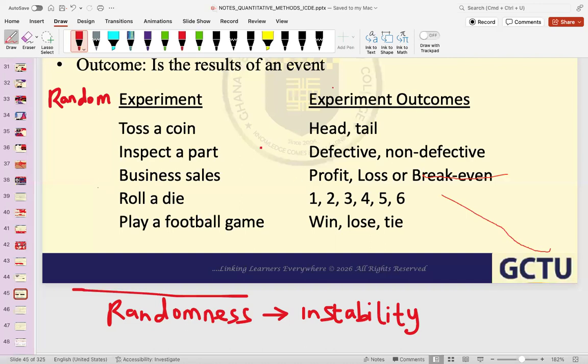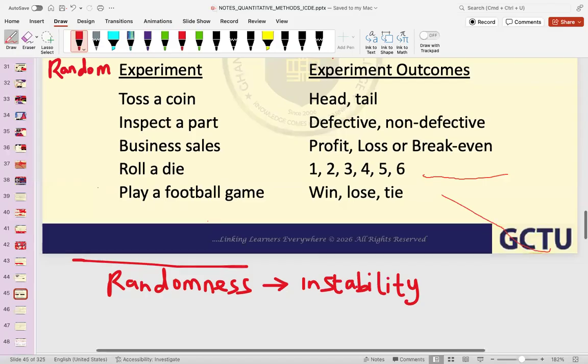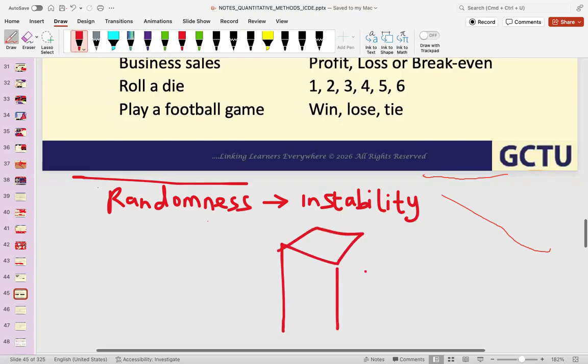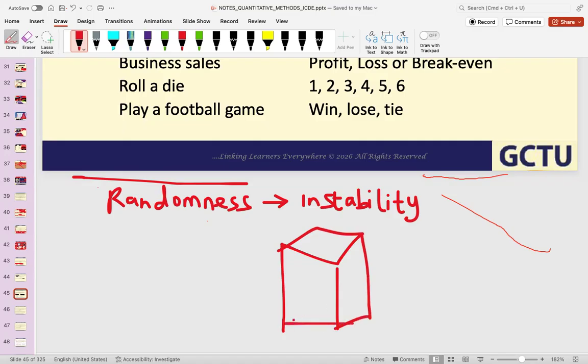I was saying that the randomness is in such a way that you have instability. And to create a picture for you, look at those of you who have baked popcorn before, or those of us who don't bake, but we see people baking popcorn. When the popcorn is being baked, just watch the movements of the pieces of corn or maize.